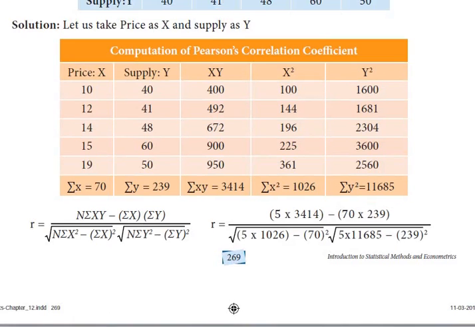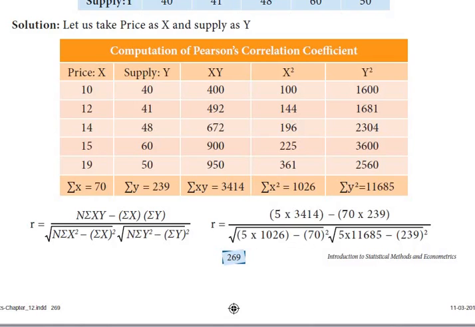Then in the denominator, remember it is root, two separate roots. n is 5 again, sigma x square. So sum total of all the x square values 1026. 5 into 1026 minus sigma x the whole square. Sigma x is 70. Sum total of x values is 70 and whole square of that value, that is 70 square.